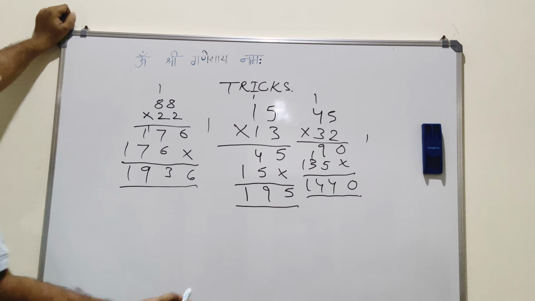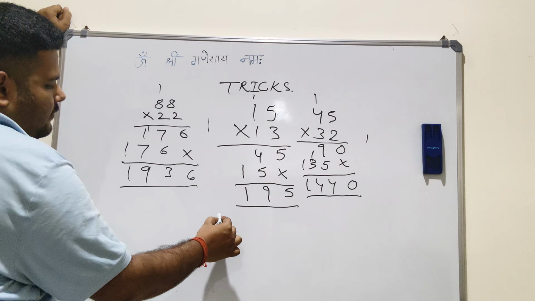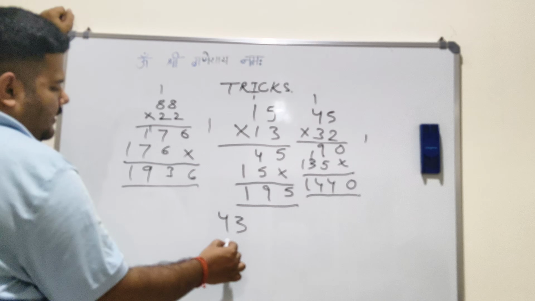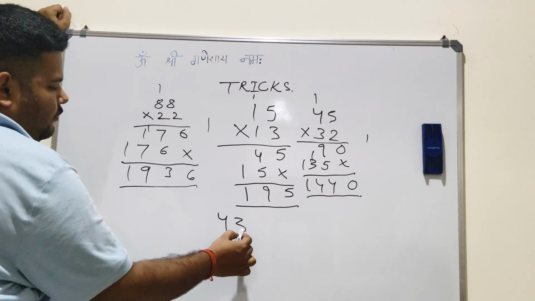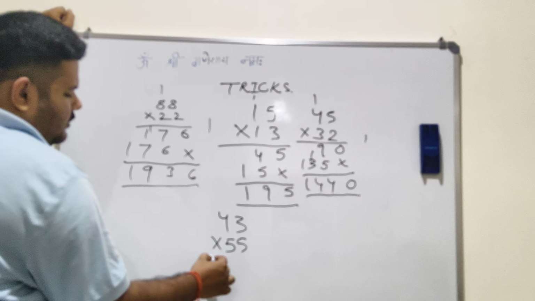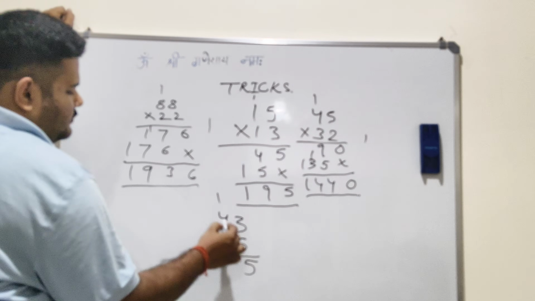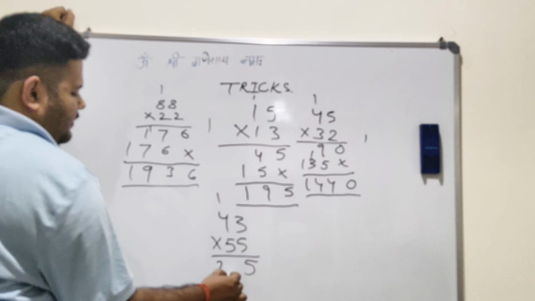Similarly, you need to write 43 here, and if you multiply 43 by 55, so what would your answer be? You need to put a cross sign here. 5 3s are 15. 5 4s are 20. 20 plus 1 would be 21.